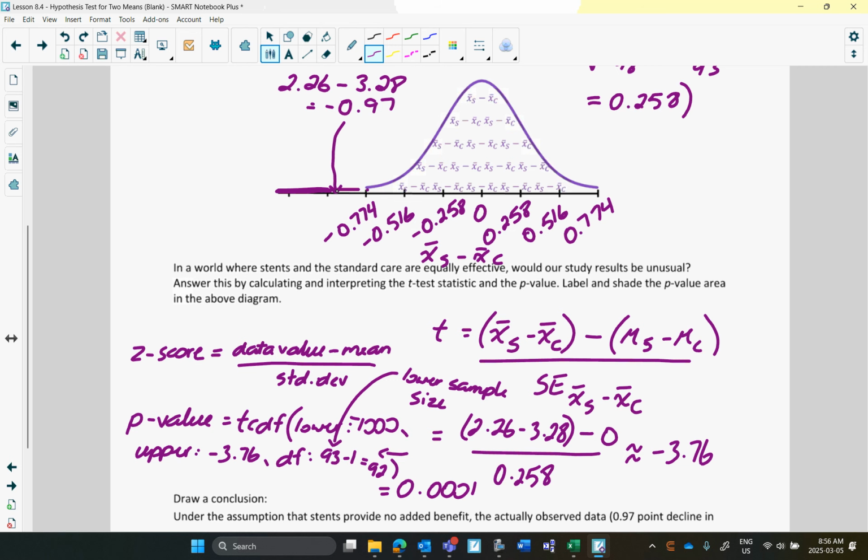Why am I doubting myself? tcdf lower is negative 1,000. Degrees of freedom is 92. Decimal places.